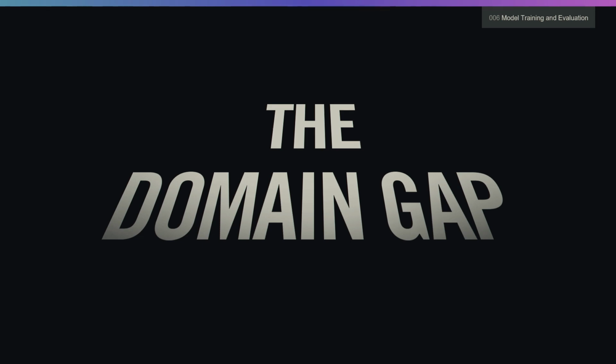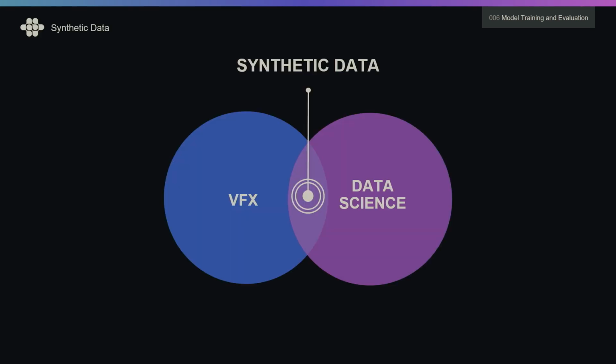Because of that, we need to understand what cues or what information it's identifying and trying to learn from. And this, in my opinion, is where synthetic data is really the sweet spot between visual effects and data science. It's a collaboration between disciplines, and each one brings its own specialization. Visual effects artists are very adept at building procedural pipelines that can generate thousands and thousands of images.